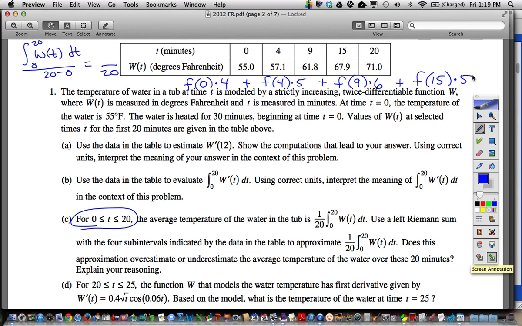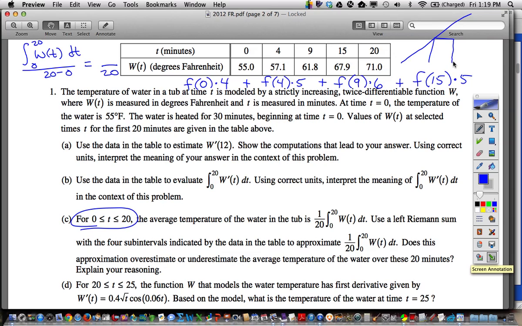Then they ask one other question. Does this approximation overestimate or underestimate the average temperature? Why? Because since it's increasing and it's a left rectangle, there's space underneath. We're going to spend a lot of time in chapter 6 talking about this more.